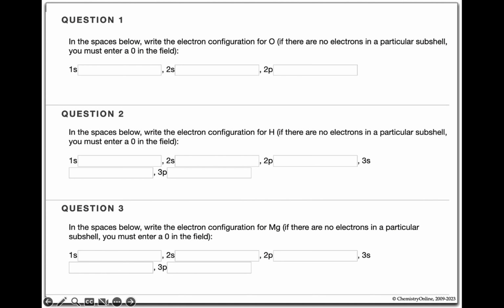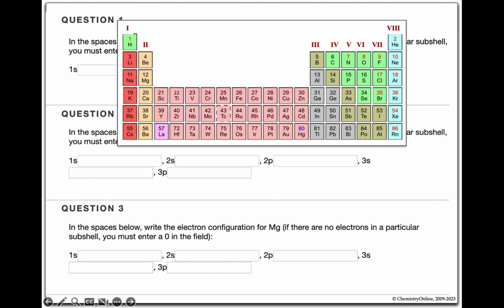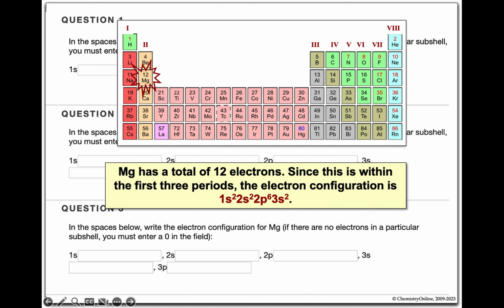Let's do magnesium. Magnesium is over here in the third period. That means the 1s is full, right there. The 2s is full. The 2p has 6 of them. And the 3s has 2.